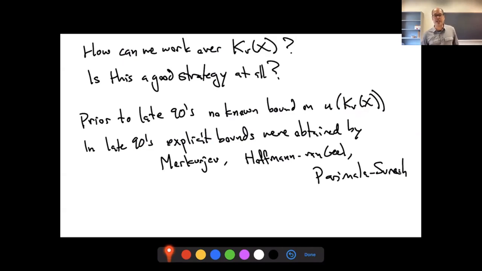So again, the conjecture was that the u-invariant of these fields should be bounded, and again by 8, but there were no known bounds until the late 90s.